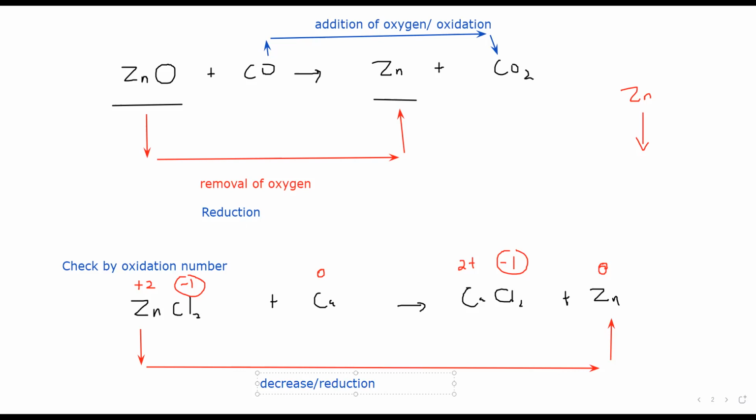And what about calcium? Calcium is 0, it become plus 2. If 0 become plus 2, what happened to oxidation number? It increased. So what we call increase, we call that as oxidation.